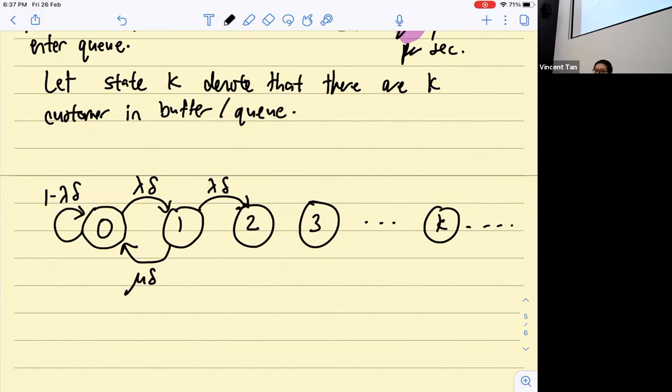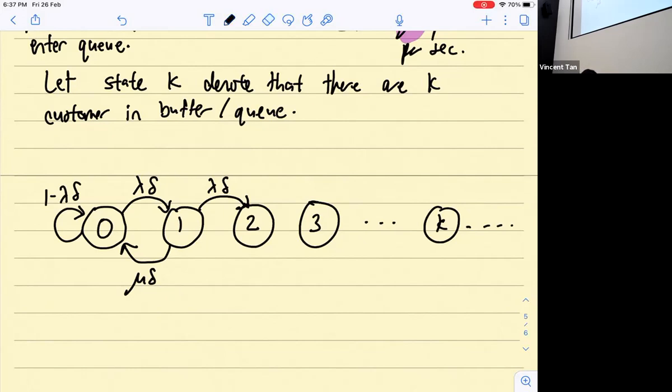What's the chance that I will remain at 1 person in the queue? That means there must be no arrival and I must not finish being served. But you don't really have to calculate this, because all the outgoing arrows should sum to 1. You must go somewhere the next time.